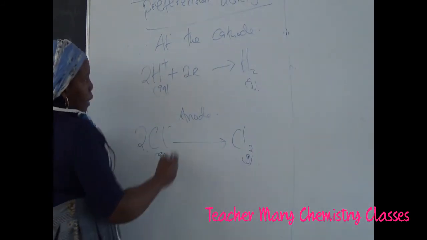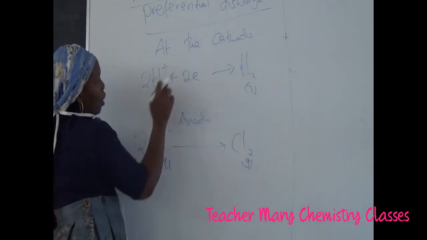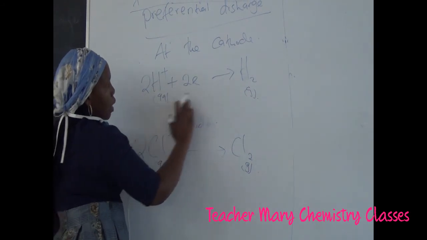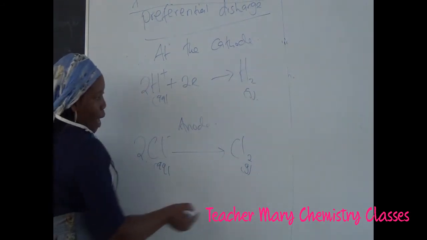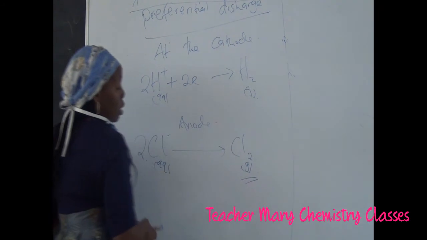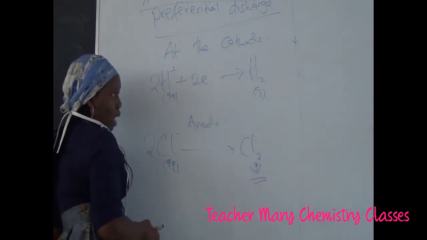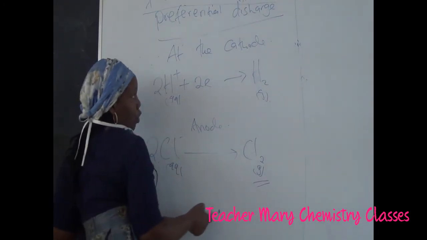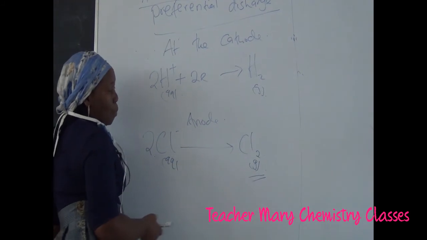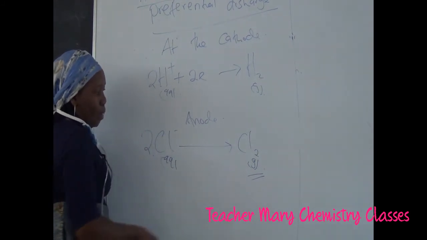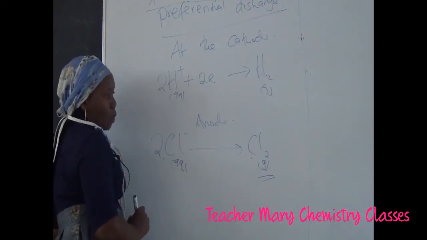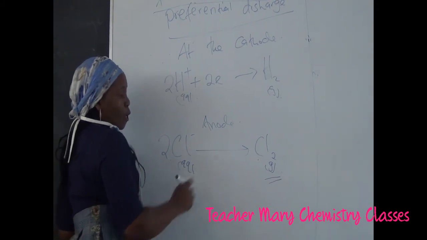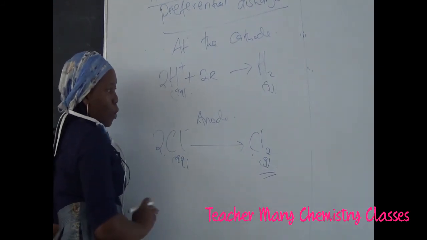So at the cathode we have hydrogen, and at the anode we have chlorine. One of the precautions is that this experiment must be carried out in a fume chamber, because chlorine is a poisonous gas.